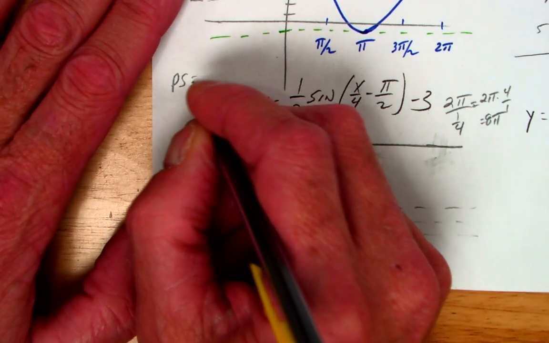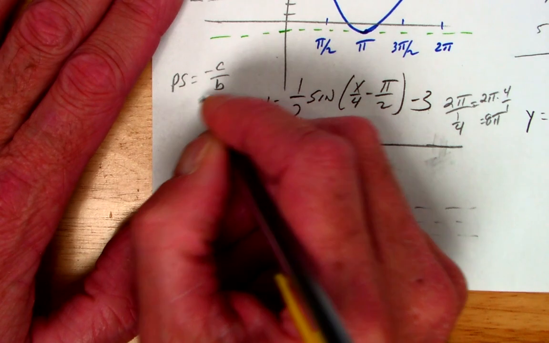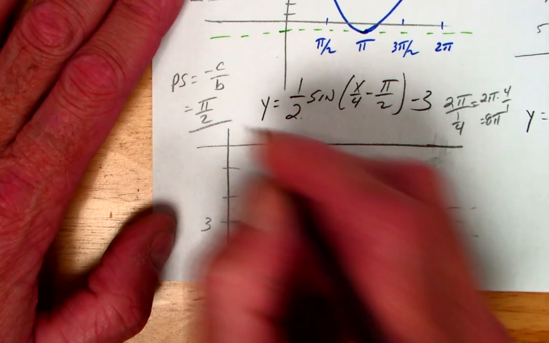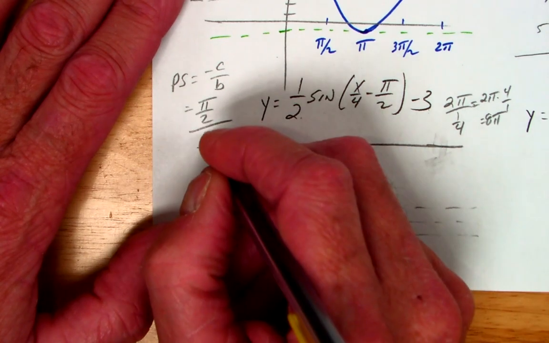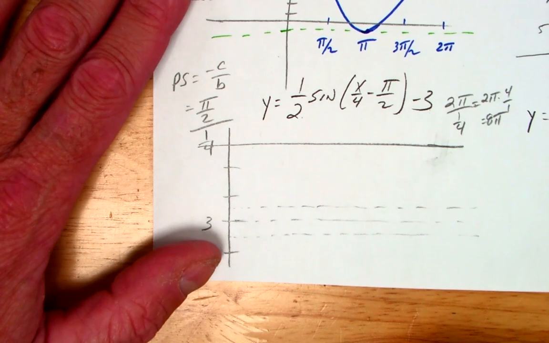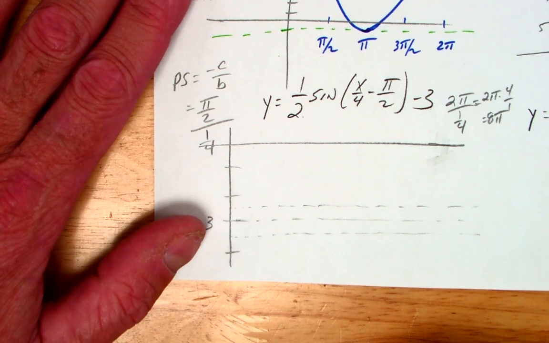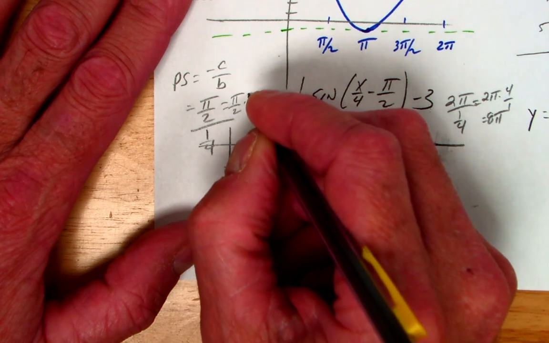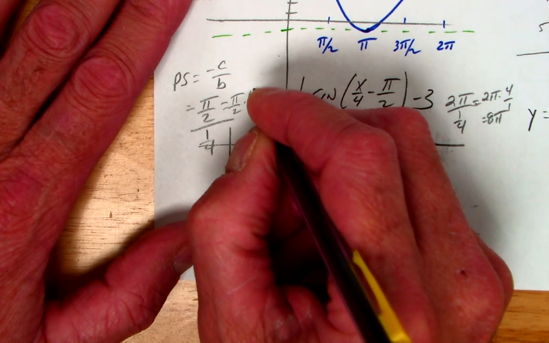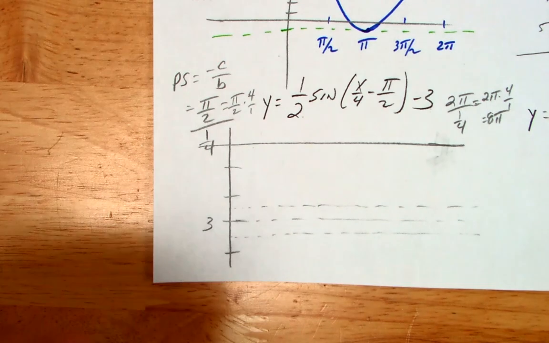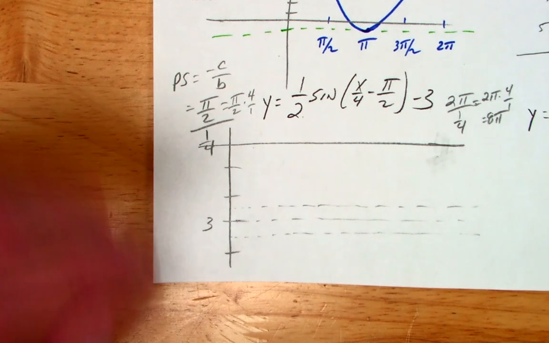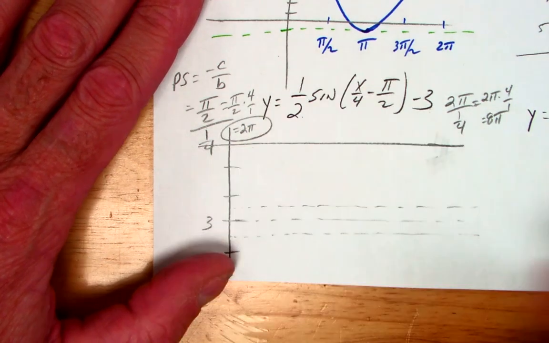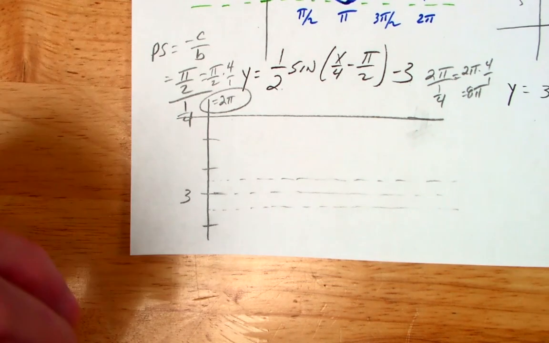My phase shift is equal to negative c over b, which is pi over 2 divided by 1/4, equals pi over 2 times 4. Okay, this doesn't feel right at all. 2 pi. Yep. Okay, now, don't let that freak you out. That's not my period. That's just how much it's been slid over.